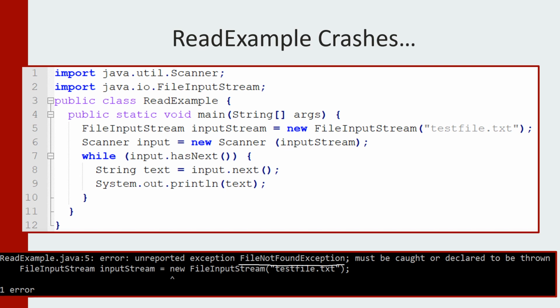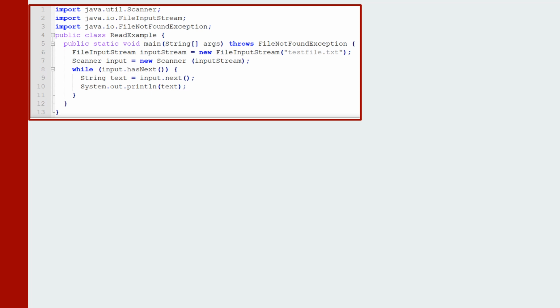Okay, let's say I've done my relative and absolute file paths correctly, and the test file is really there. There's one more thing we have to be cognizant of. It turns out that we have to throw a FileNotFoundException, and additionally, to be able to do this, you have to import java.io.FileNotFoundException. Once I add this in, things will work as expected.